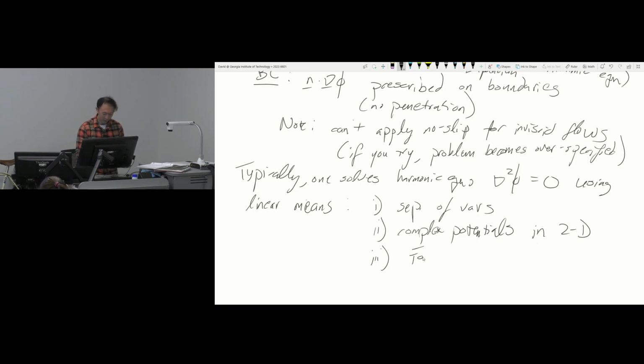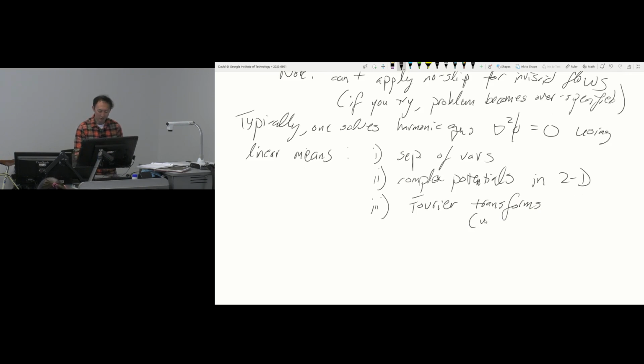And Fourier transforms. Fourier transforms are especially useful at the water surface. I don't have a homework problem on it, but basically you can solve for these things called traveling waves at the water surface.